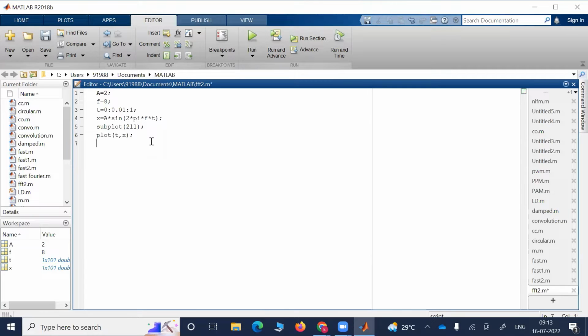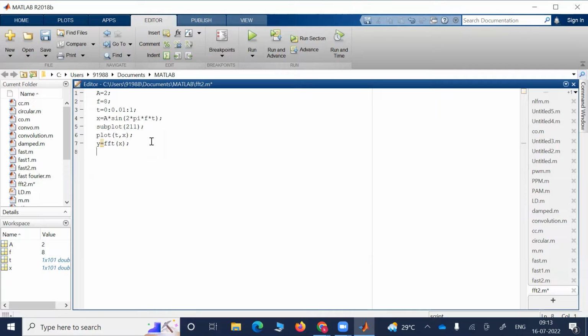First, we'll take FFT of x and I'll show you how we get the output values when we use FFT of x, and then I'll explain FFT of x comma n. So y is equal to, consider a variable y, use the function FFT of x. It computes the discrete Fourier transform of x having the same number of samples as x.